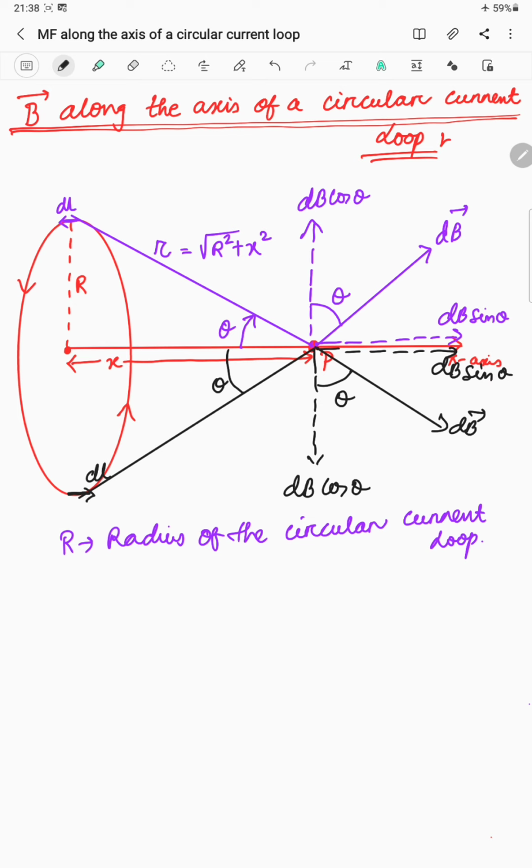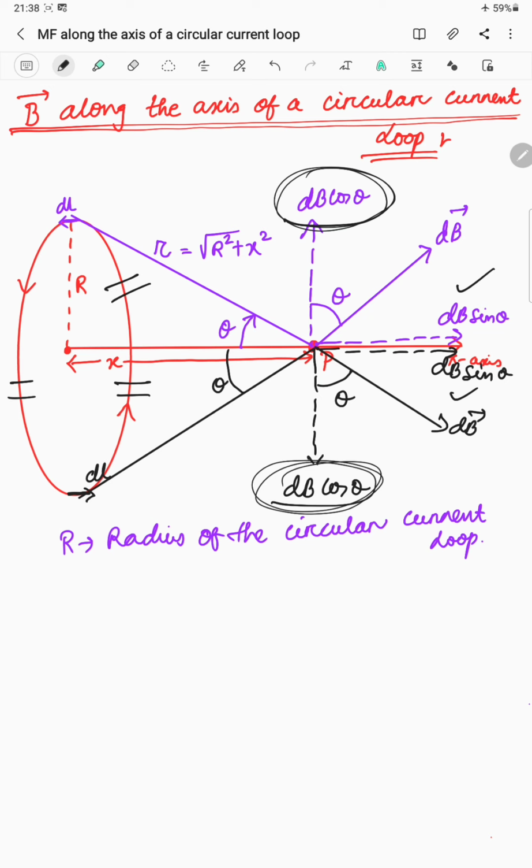If you look at these components, this dB cos theta component and this dB cos theta component will cancel out each other. Then what is left for me? dB sin theta and dB sin theta. Similarly, if I take a dl element here, exactly opposite there will be another dl component.